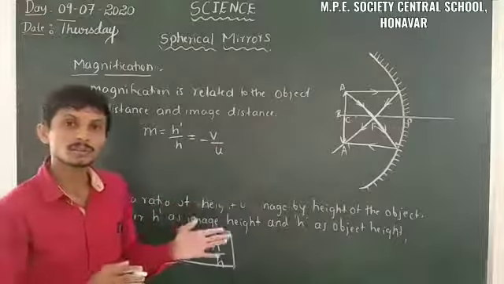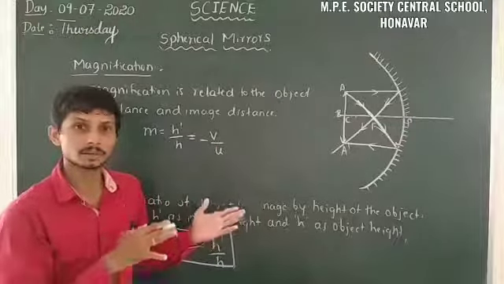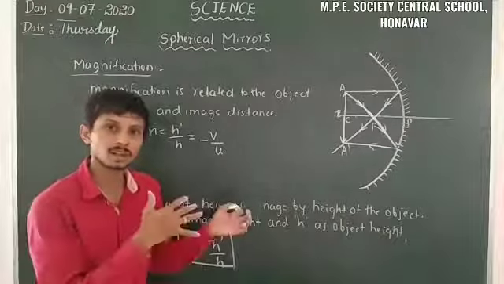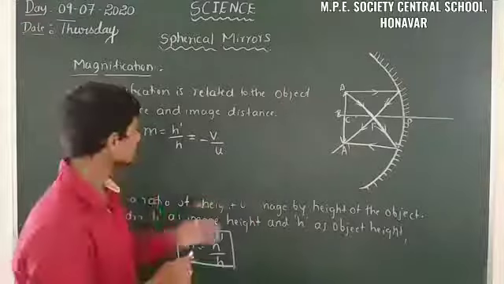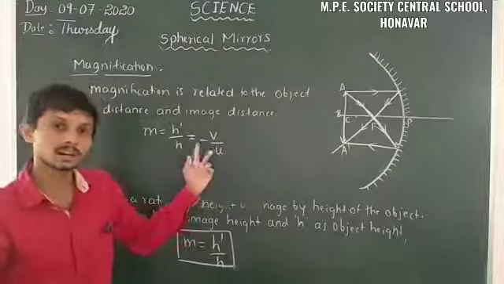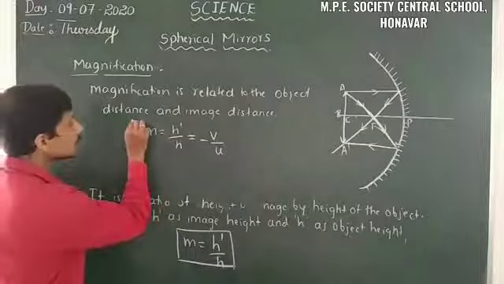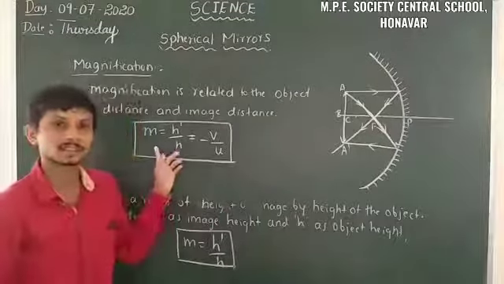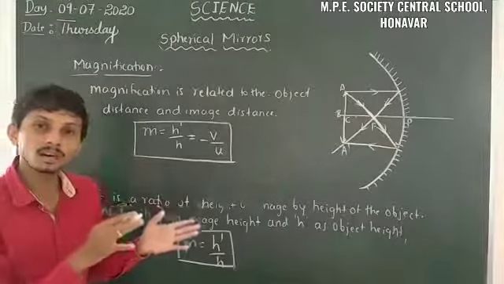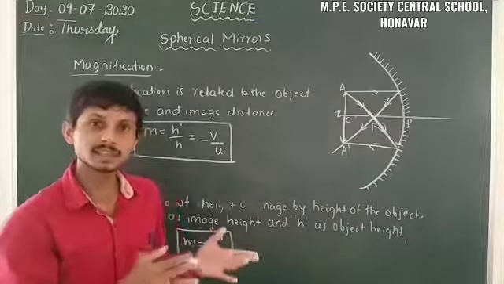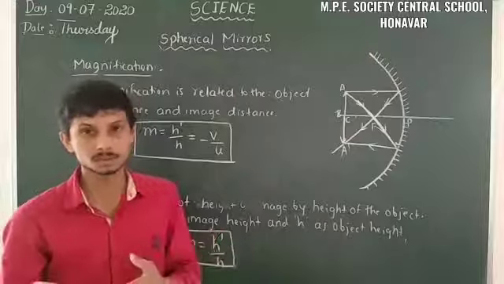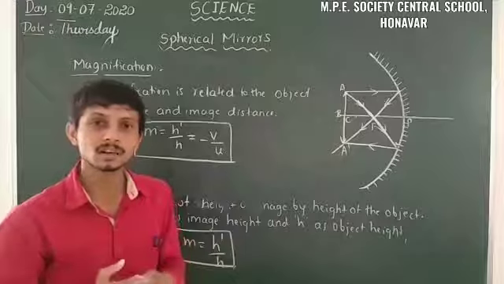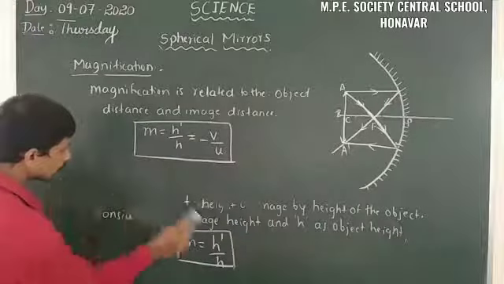Because of the sign convention, some are negative, some are positive, so I insert a negative sign. So this is the formula we use to calculate the magnification here. When the distance is negative, it's a virtual image. We already know that. And when the distance is positive, it's a real image.